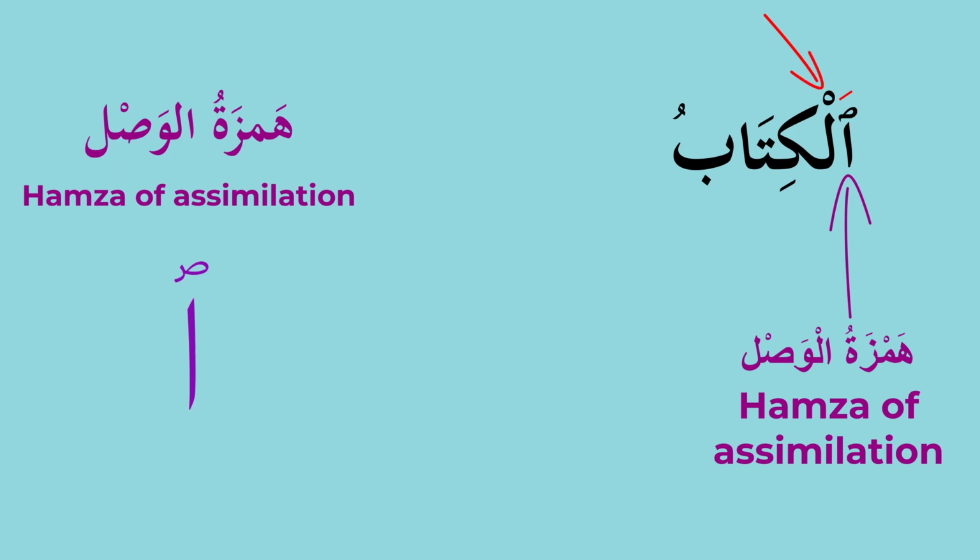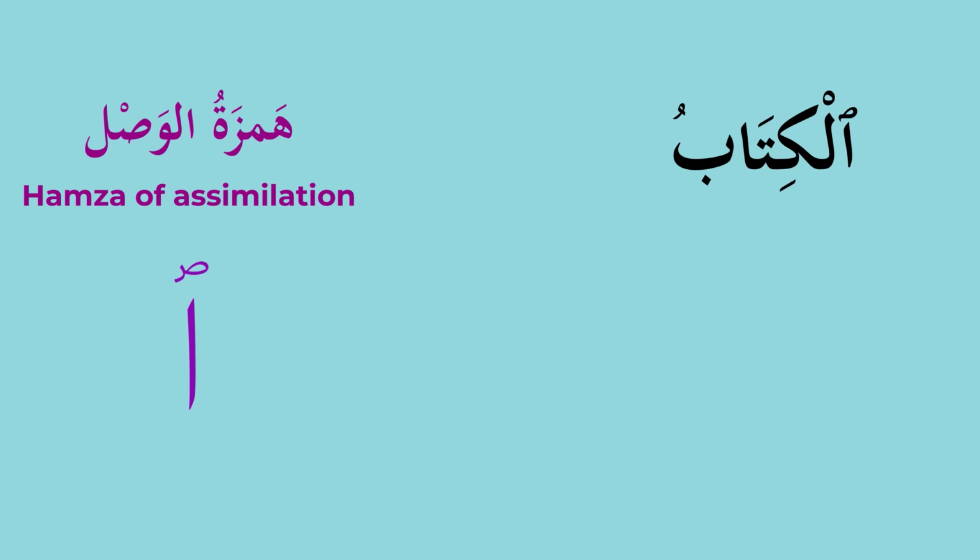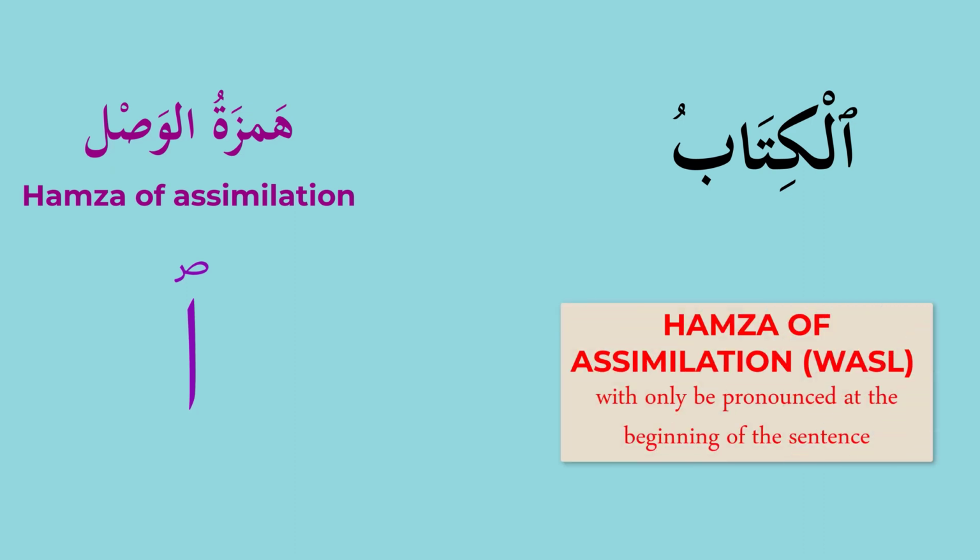Are you with me, brother? Every time you will see Al, you will read it Al without vowel signs. And you know there is a fatah here and there is a sukoon here. You know it, brothers and sisters. Now, Hamzatul Wasal will only be pronounced if the sentence begins with it.